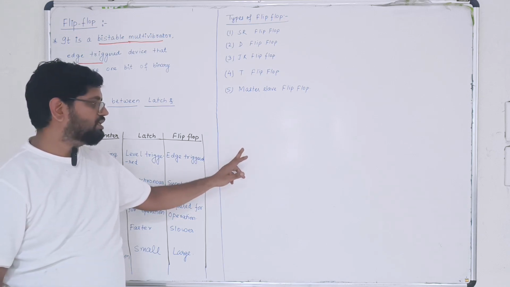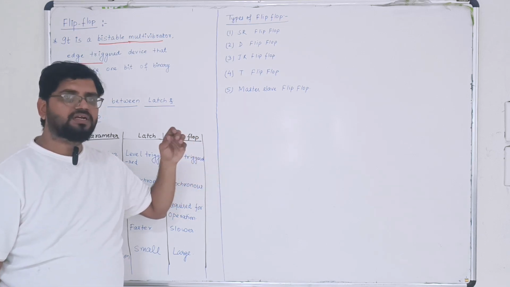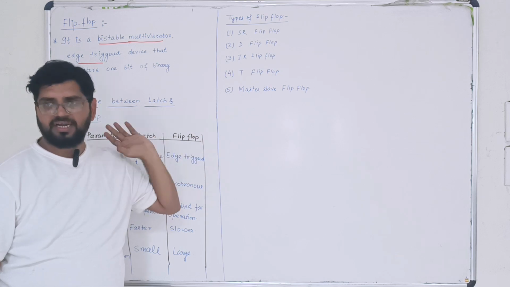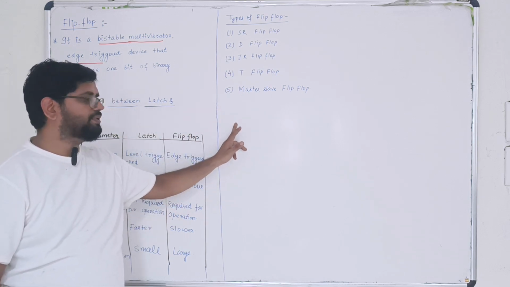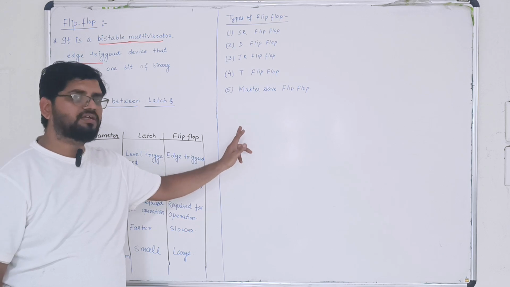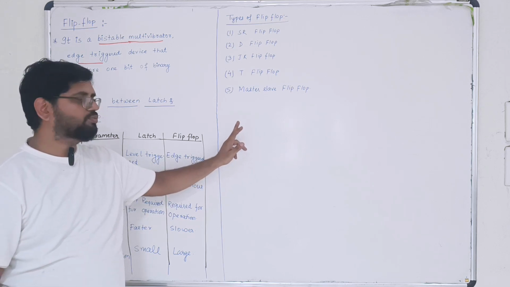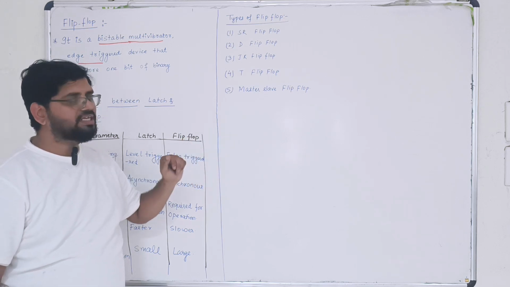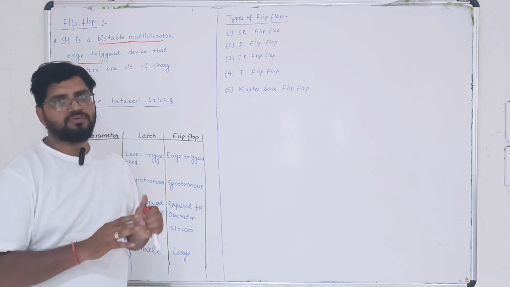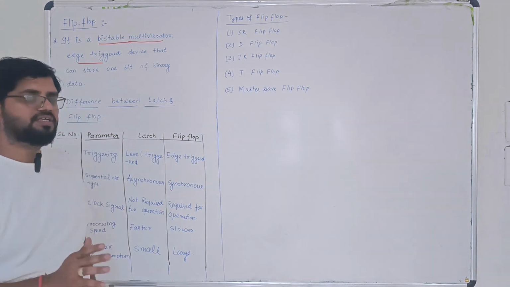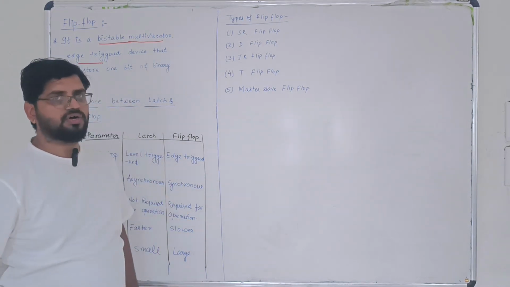If you keep the switch on, it will remain in the on condition indefinitely. If you have to bring it to off mode, you need to press it. You need to externally provide a force in order to make that switch off. And once it goes to the off state, it will remain in the off state indefinitely until and unless you provide an external force on that switch.